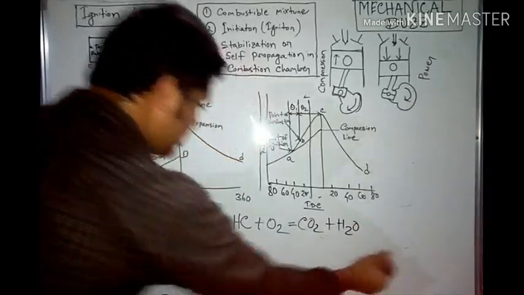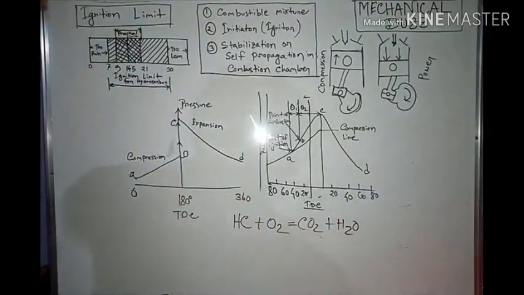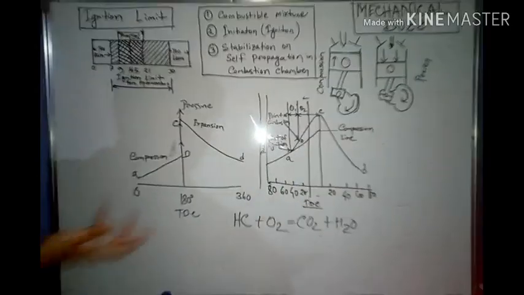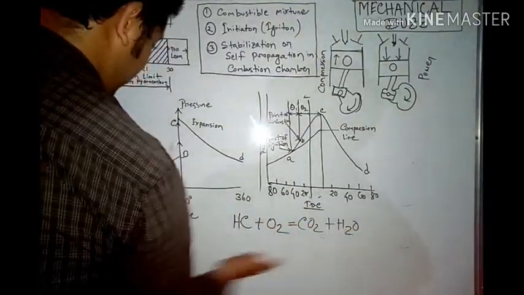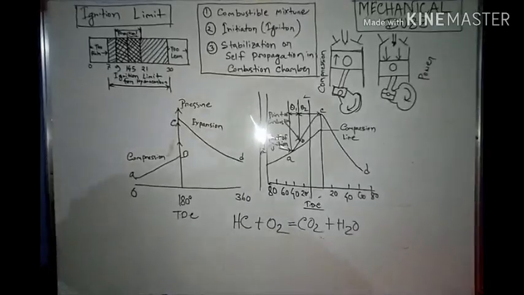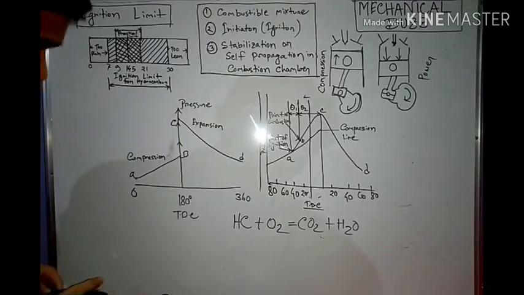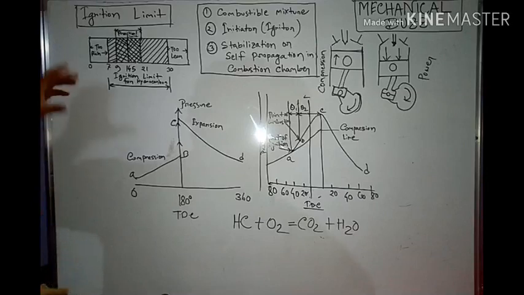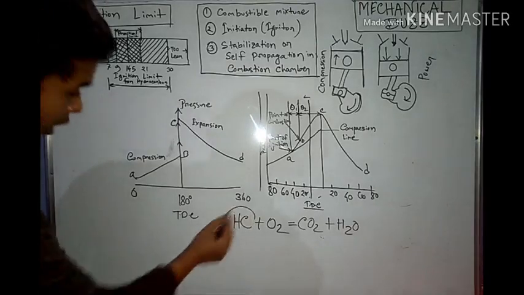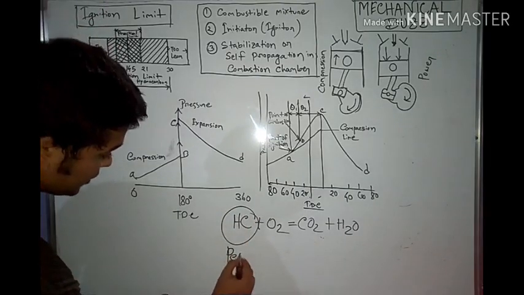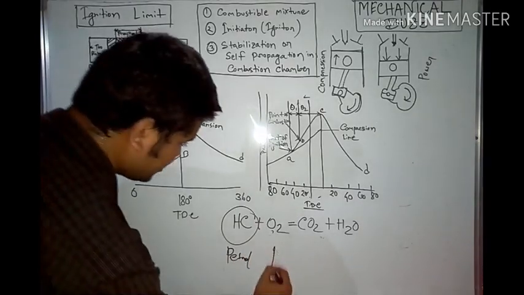It's a complete combustion chemical reaction. A lot of other things can come out, I'm not mentioning them, but it's a very simple one. So to burn it, you need a hydrocarbon that you can get from petrol, and the oxygen that comes from the air.